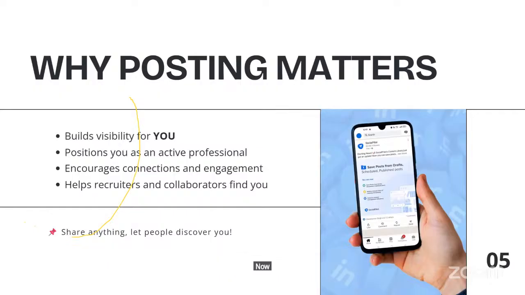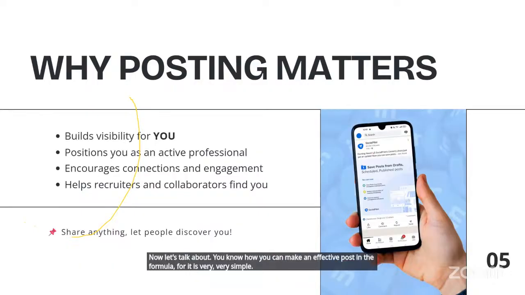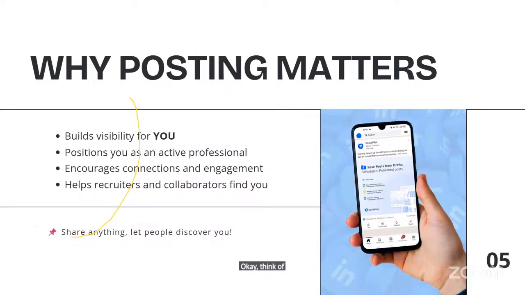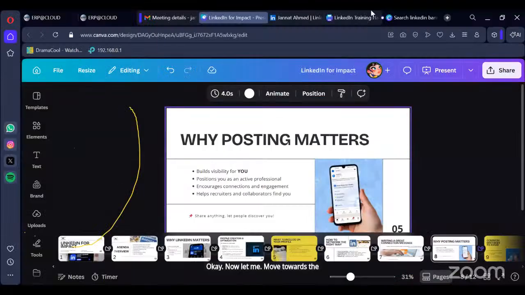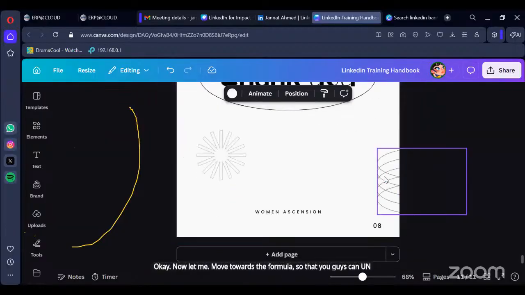Now let's talk about how you can make an effective post, and the formula for it is very, very simple. Think of a post, first of all, like telling a short story. A strong opening gets people to stop scrolling. Now let me move towards the formula so that you guys can understand what I'm trying to say.